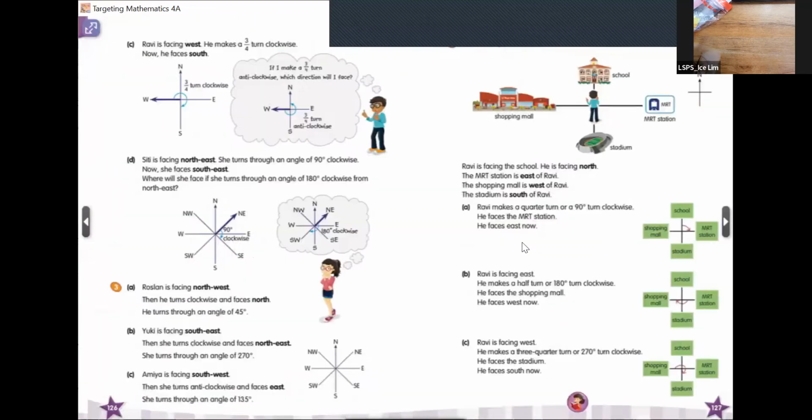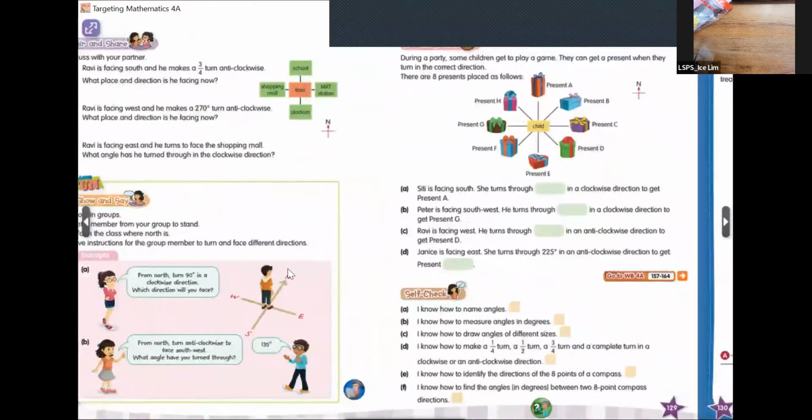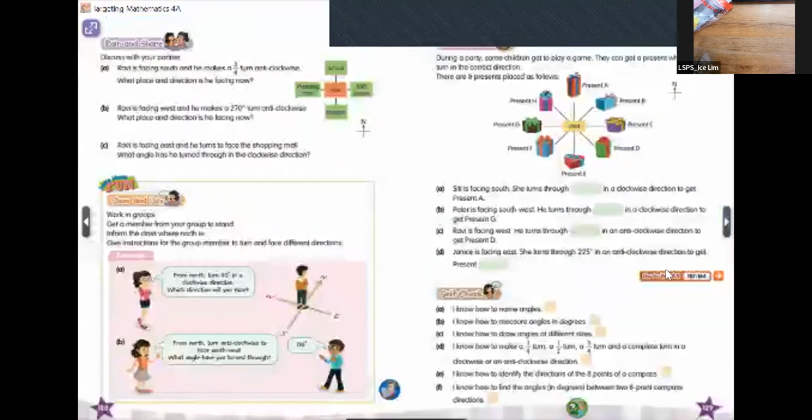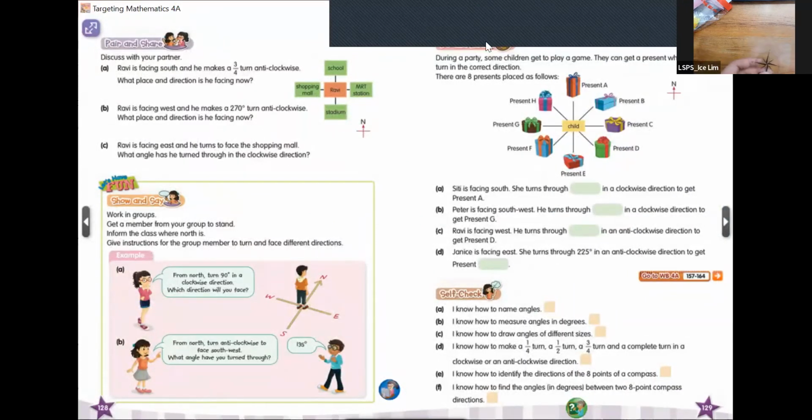And also you're going to use the compass to solve directions questions. For example, if you look at the workbook which I shared, we're going to use this for compass directions.